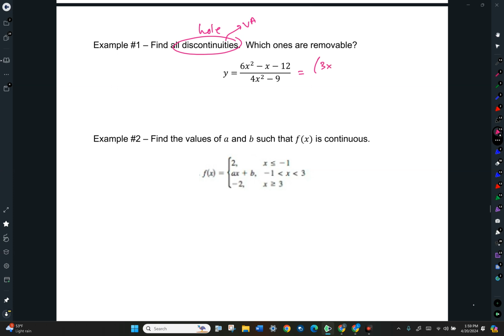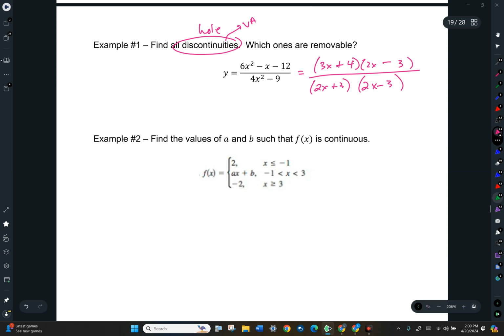Let's see, 3x and 2x. How about we go with 4 and 3, minus and plus. Is that going to give me a negative x in the middle? I think that works. And then in the denominator, we're going to have 2x plus 3, 2x minus 3. So you can tell these factors cancel. So we know there's a hole at x equals 3 halves, right?